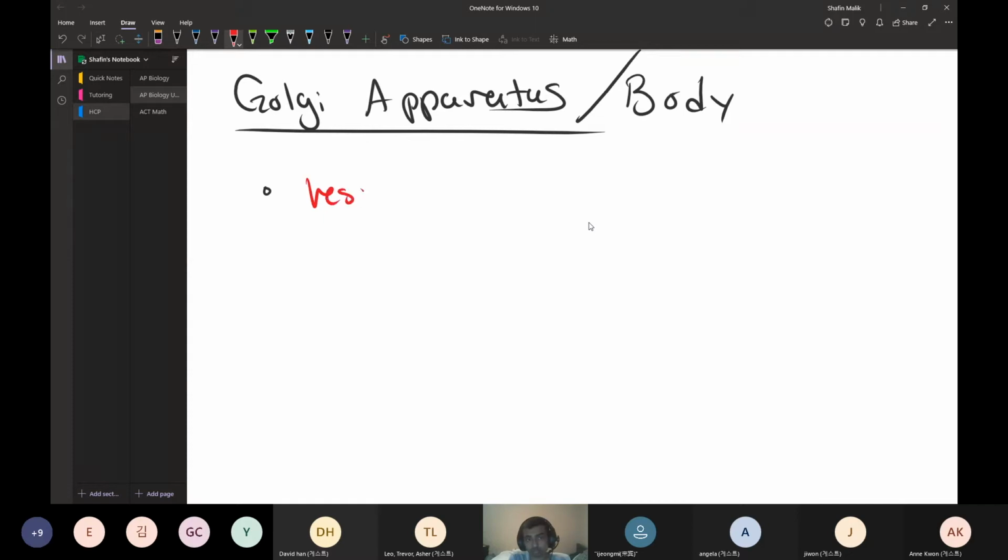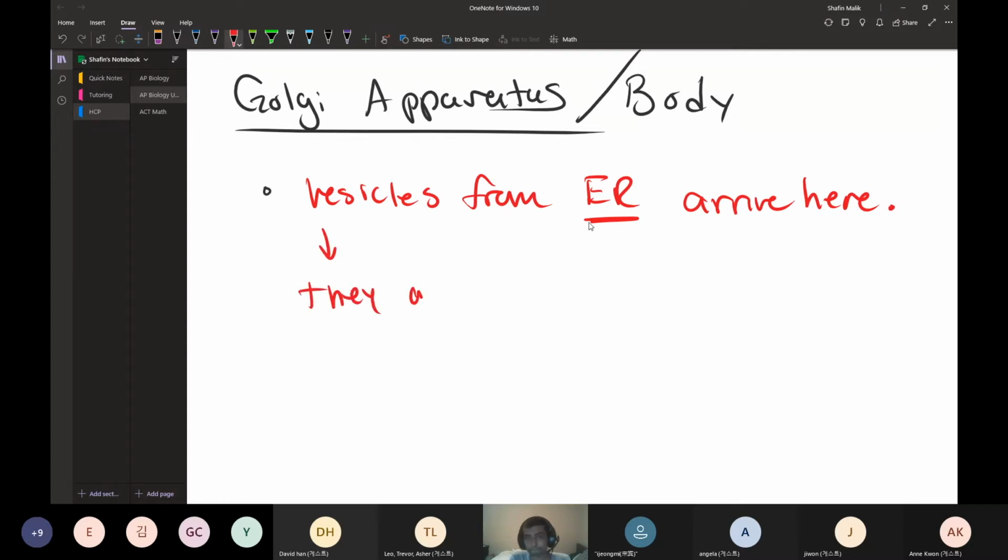I'll just write the main note that you need to know for this: the vesicles from the ER, meaning endoplasmic reticulum, arrive here, and then they are sorted, packaged, and tagged.